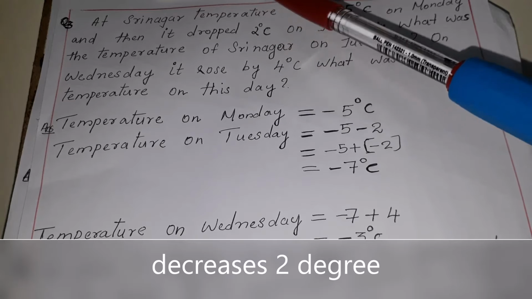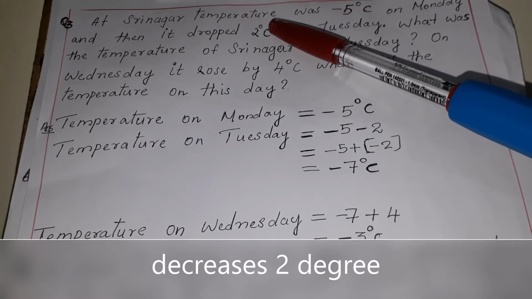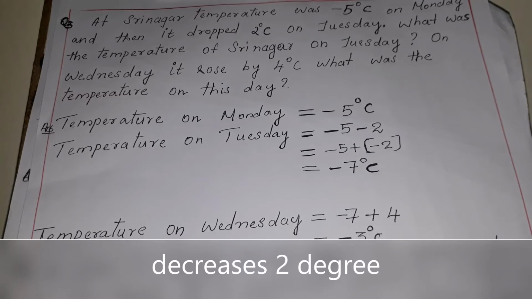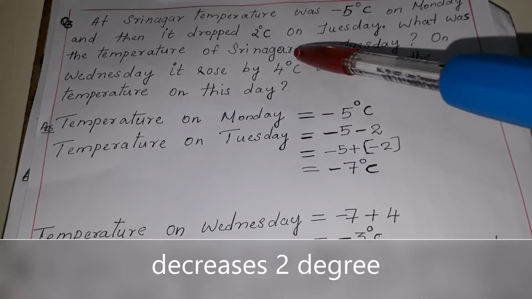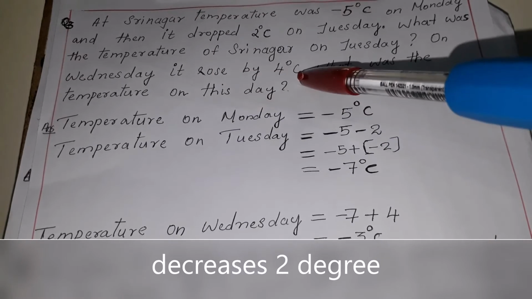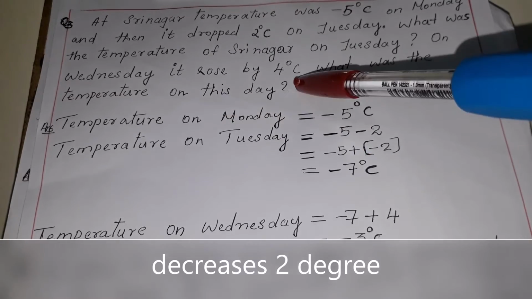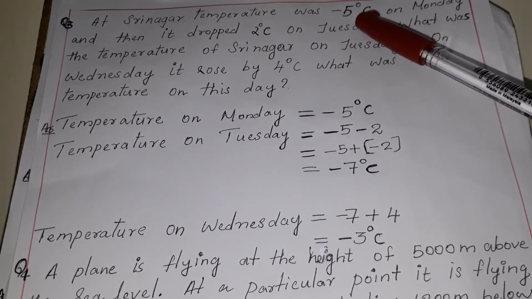We have to find the temperature on Tuesday. On Wednesday, it rose by 4 degrees Celsius. What was the temperature on this day? So, how will you find this problem?